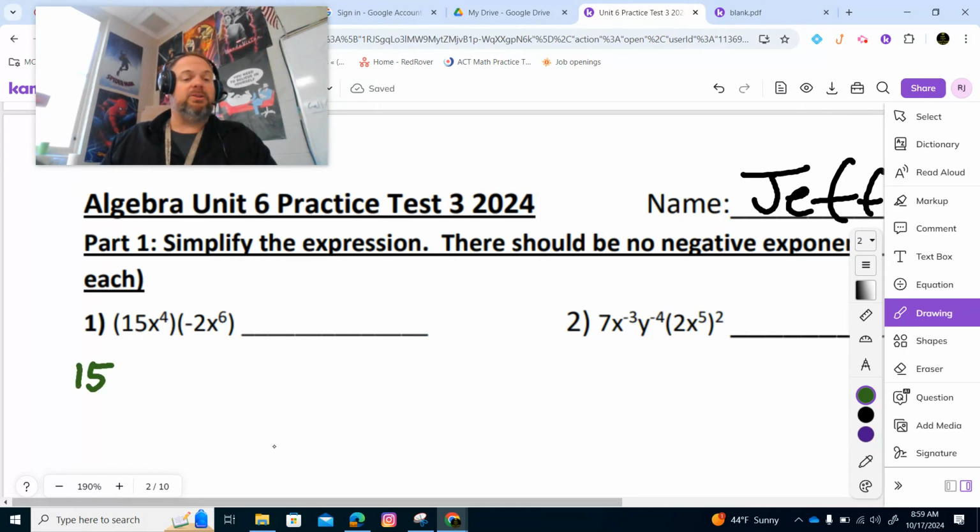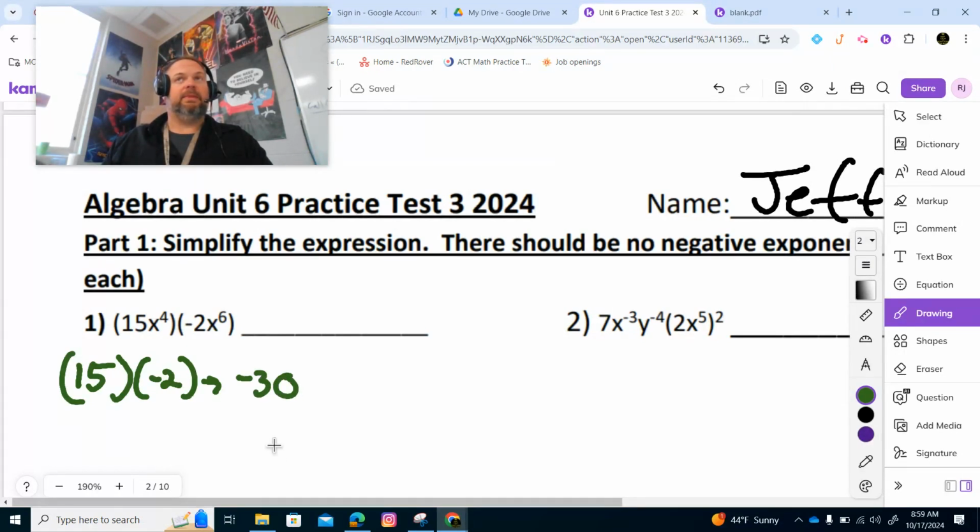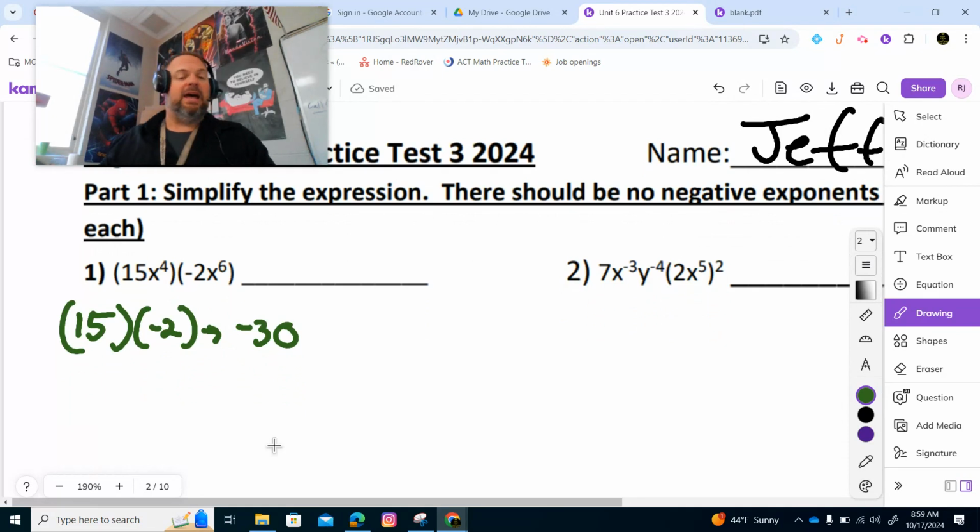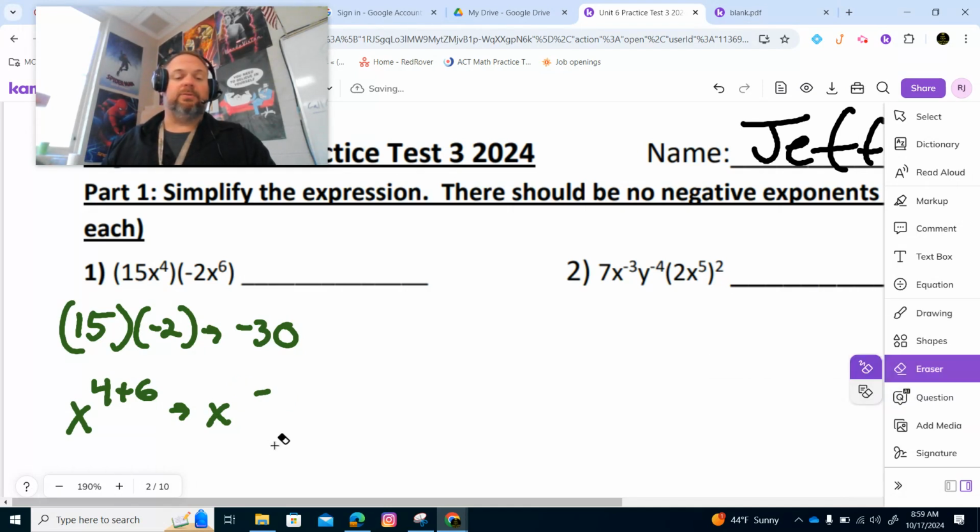So I'm going to multiply the numbers first, and I'm going to multiply the variable second. Now remember, when you multiply variables, you add the exponents. Oh, I just literally wrote 4 plus 6 again.